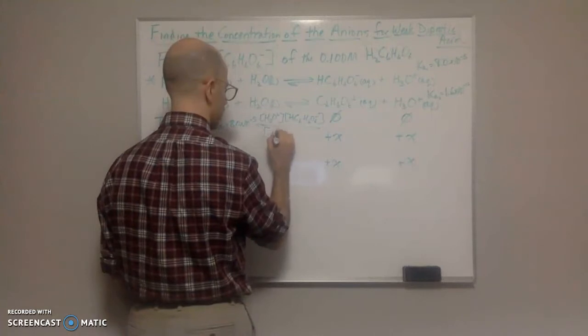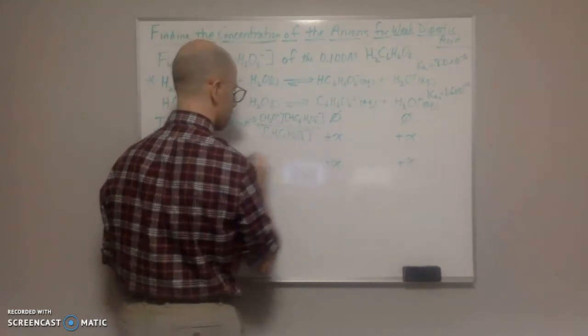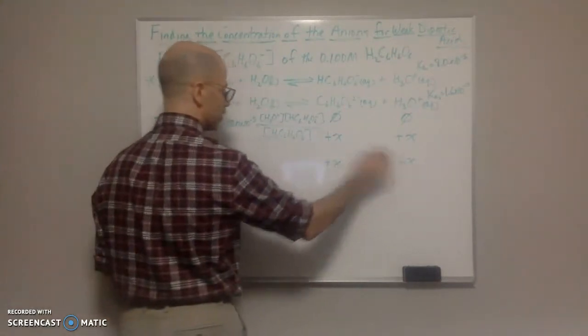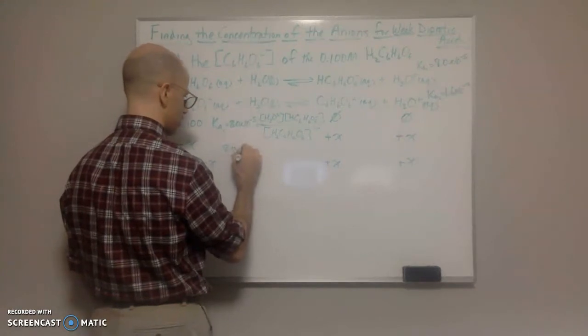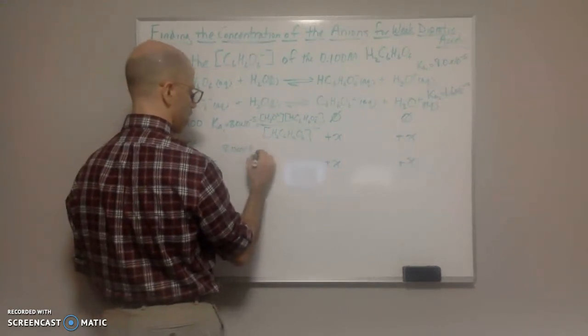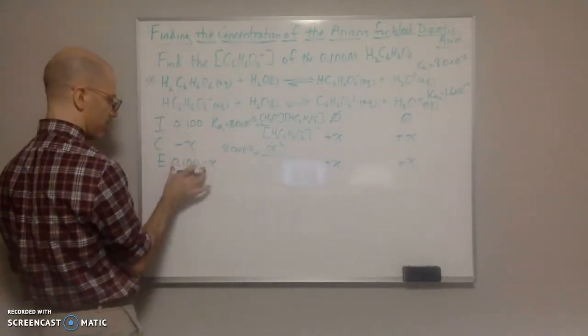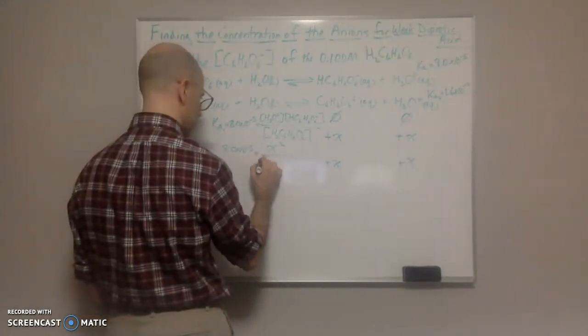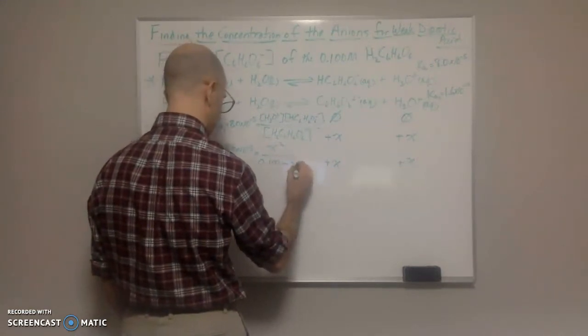So it's going to be H2C6H6O6. So we have X's for these two. So that means 8.0 times 10 to the negative 5 will be equal to X squared over this value here. So that's going to be 0.100 minus X.